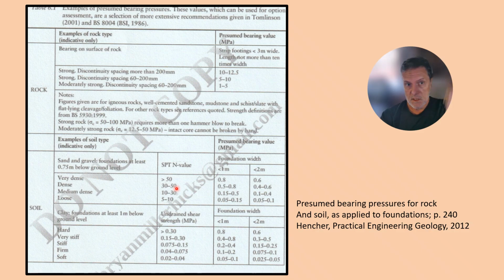You're pounding the sample rod with a 140-pound weight, conventionally dropped 30 inches, to get a blow count. So a blow count of 30 to 50 is pretty dense. In rock, you may not use blow counts so much because it's so strong that your sampler may just bounce up and down on top of the rock.